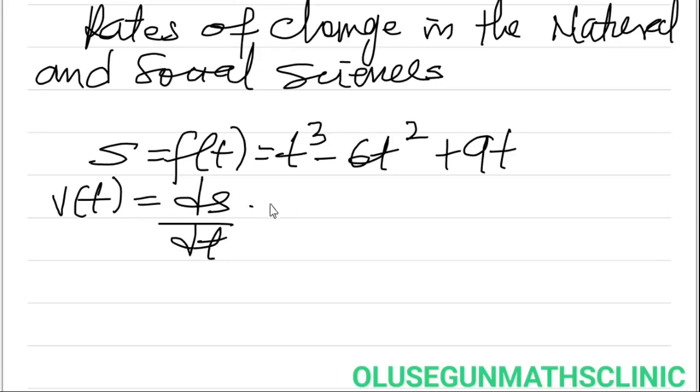So the velocity here is 3t squared minus 12t plus 9. This is the velocity.